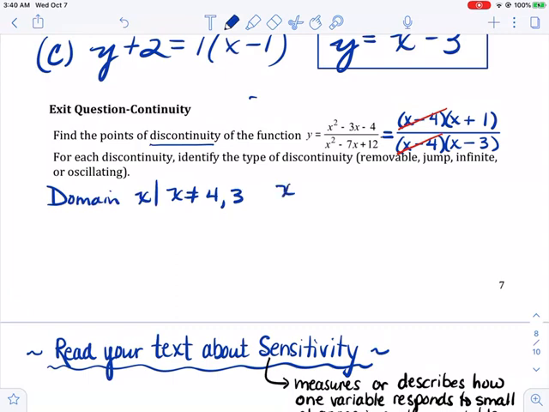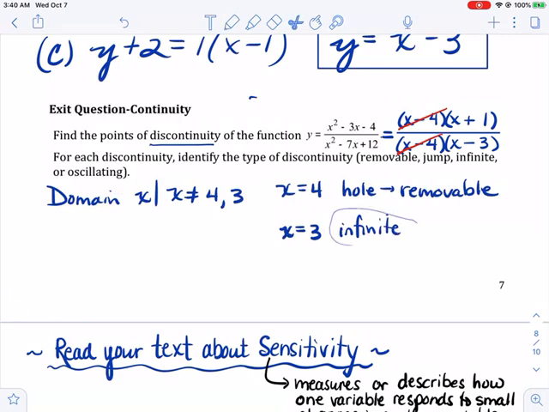At x is equal to 4, there's a hole in the graph, so we call that a removable discontinuity. And at x is equal to 3, we have an infinite discontinuity, an asymptote.